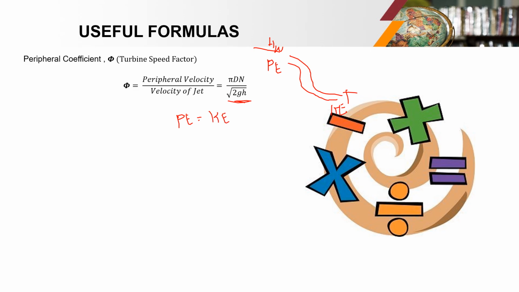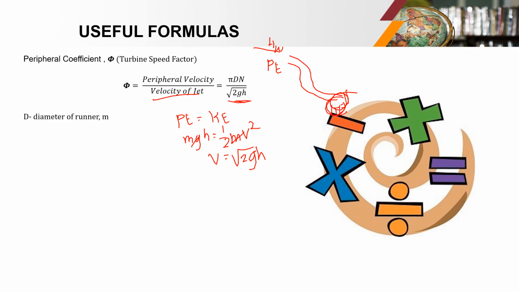So potential energy natin is mgh equivalent to 1/2 mv squared. So, yung velocity ng jet dito, computing for V, we have square root of 2gh. So, yan yung velocity natin bago siya mag-enter ng turbine. Kaya siya yung velocity ng jet natin. Ibig sabihin ng jet, so that is the water at a certain velocity.